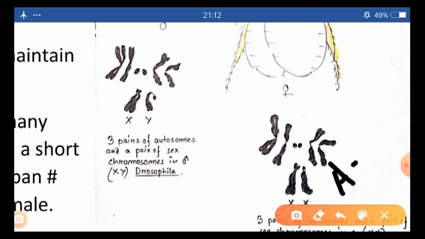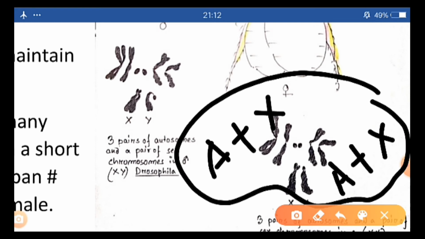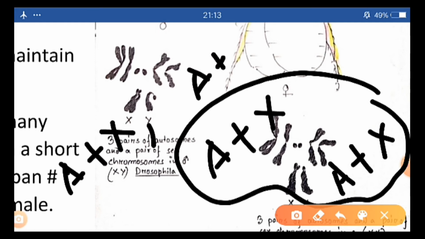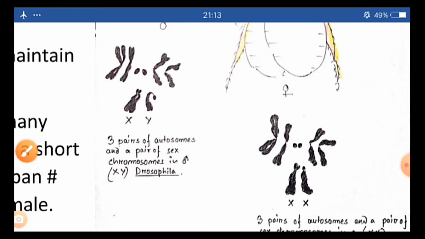So it will be A plus X again. That is why the female are called homogametic, whereas the male are called heterogametic. Clear? Male Drosophila is heterogametic and female Drosophila is homogametic. Okay.